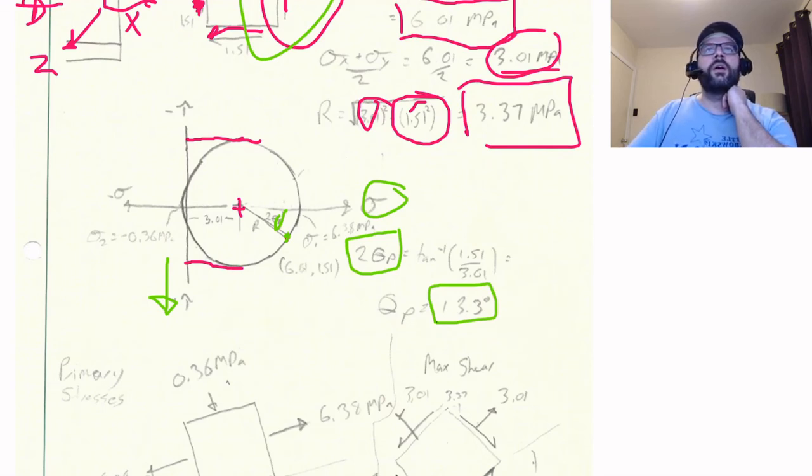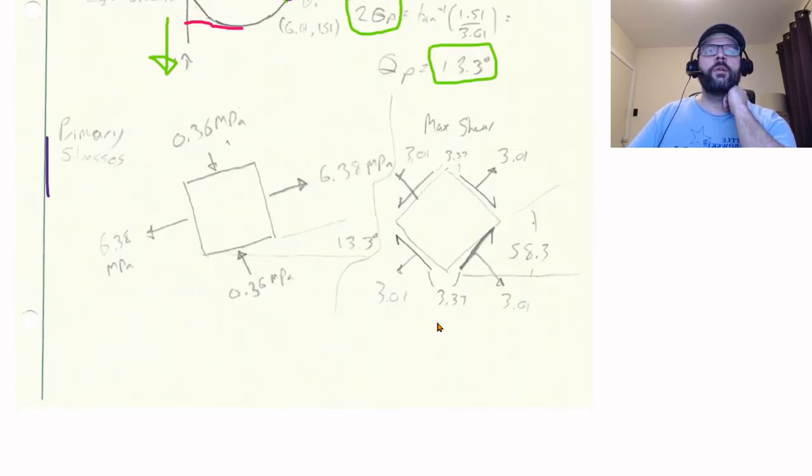And again, we know that we're starting at this point here and we're trying to get to this point here. So we're going to have to rotate 13.3 degrees counterclockwise.